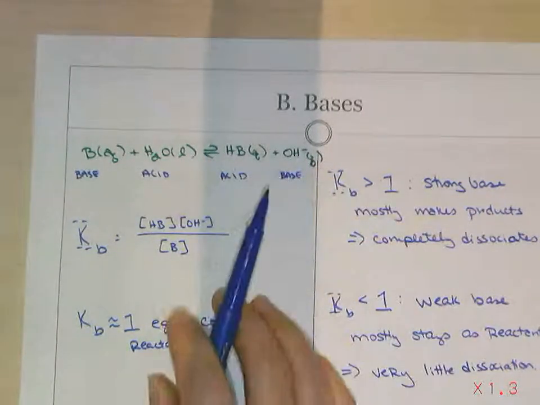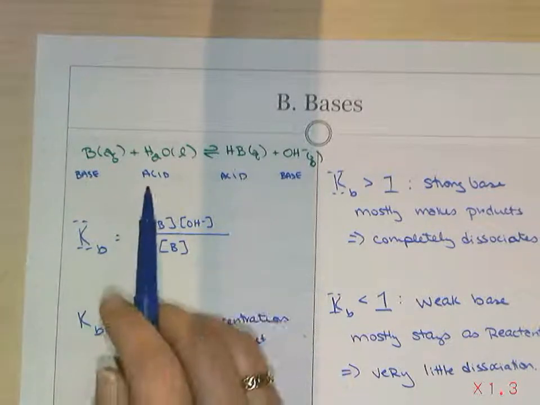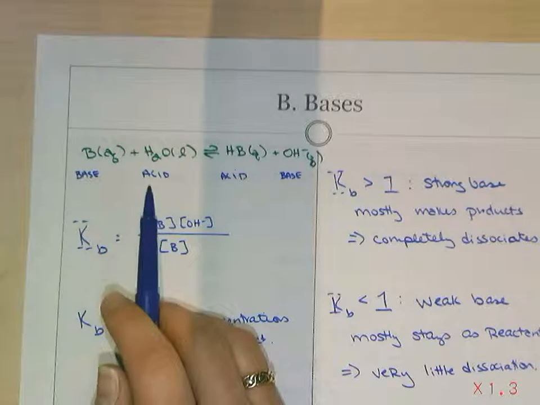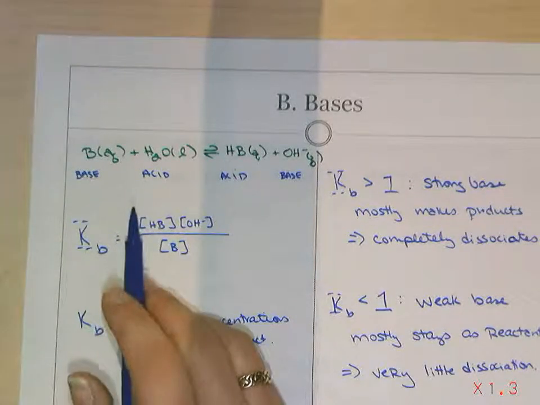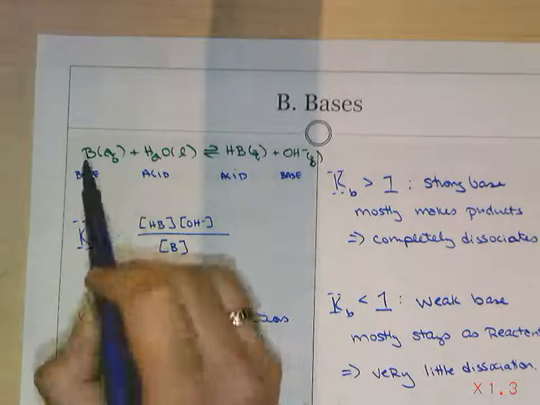But wouldn't H2O be a strong acid? Water has a K of 1 times 10 to the negative 7th, which is neither strong nor weak. It's both. It's in the middle. So you'll very rarely have a strong acid and a strong base reacting together.